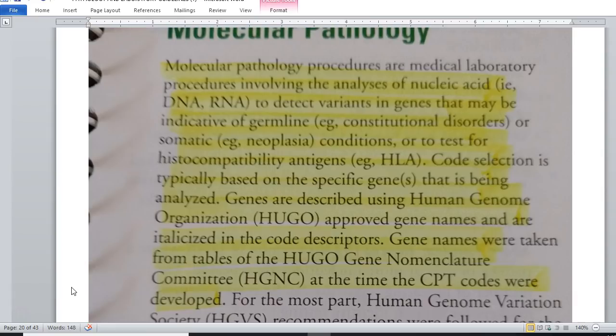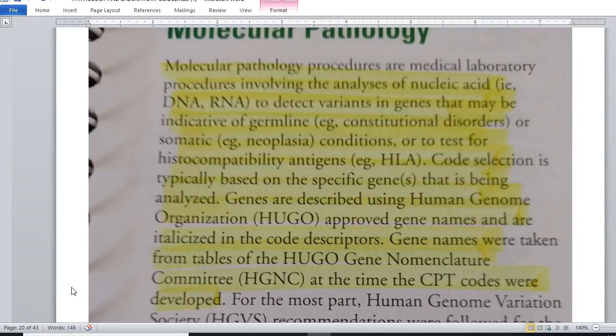Molecular pathology procedures are medical laboratory procedures involving the analysis of nucleic acids like DNA and RNA to detect variants in the genes that may be indicative of germlines, which are also known as constitutional disorders. So those are family histories that's going through the germline, or somatic, like neoplasia, like cancers, conditions, or to test for histocompatibility of antigens, like HLA.